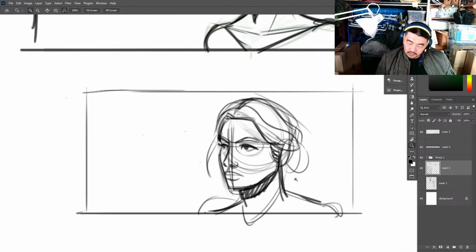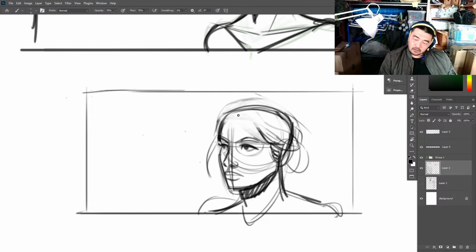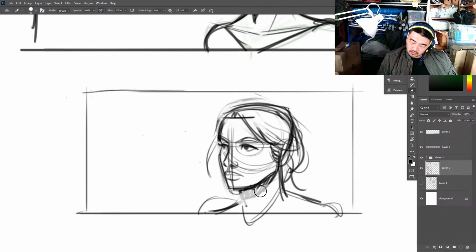I could go ahead and use photo reference. Don't be ashamed of using reference. I find that it's mainly people who do not do art who say, oh, that's cheating, using reference is cheating.